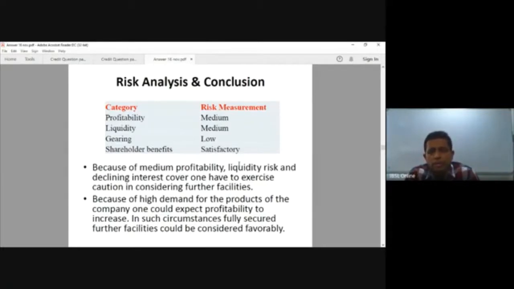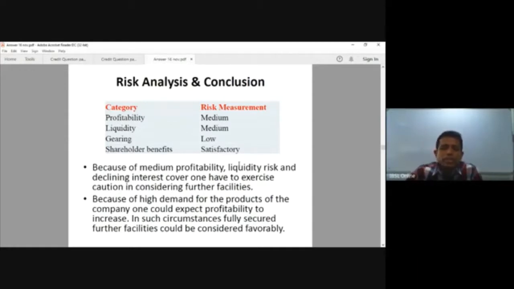You could see the interest cover is also a concern, and profitability was some concern, but taking into account the increase in demand for their products and that it is a low geared company, we can recommend further facilities.